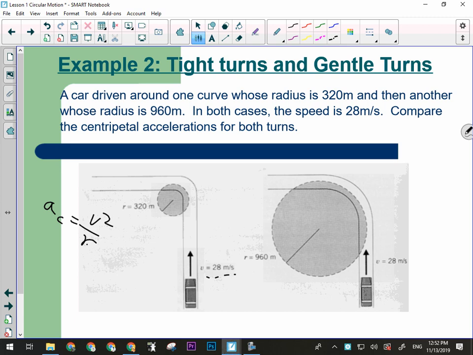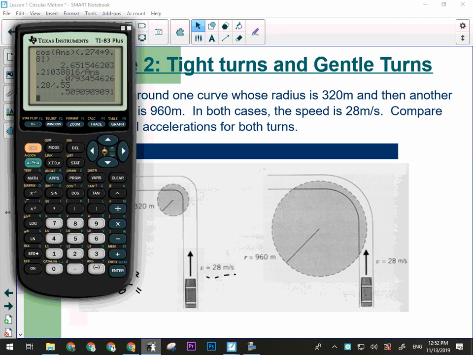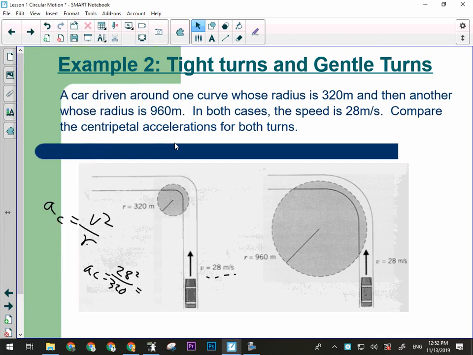So in our first situation here, if we want to calculate the centripetal acceleration, we're going to take v squared, 28, and divide it by the radius of the circle, 320. Okay, so our centripetal acceleration here will be 28 squared divided by 320. Okay, so we get a centripetal acceleration of 2.45 meters per second squared.